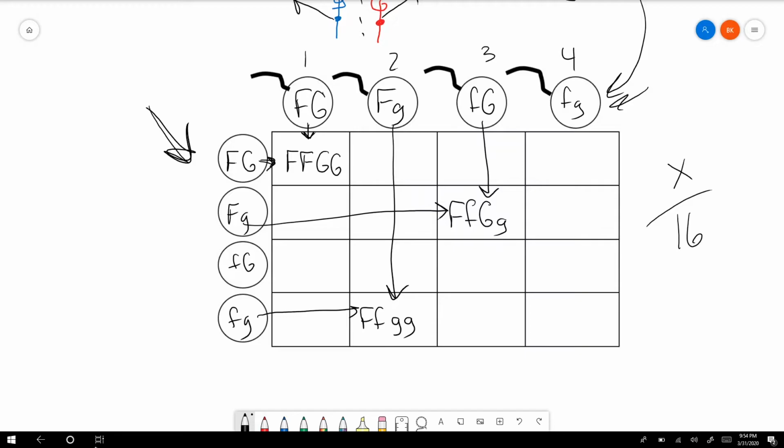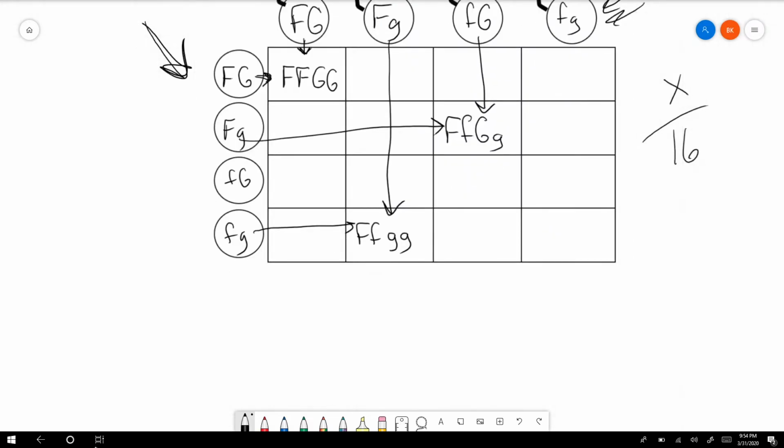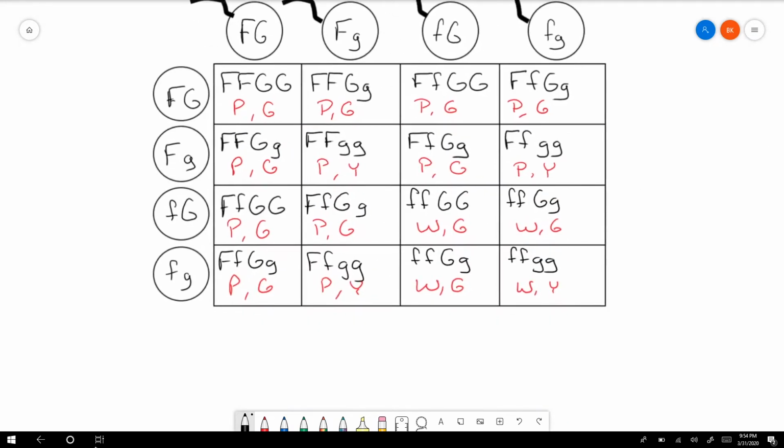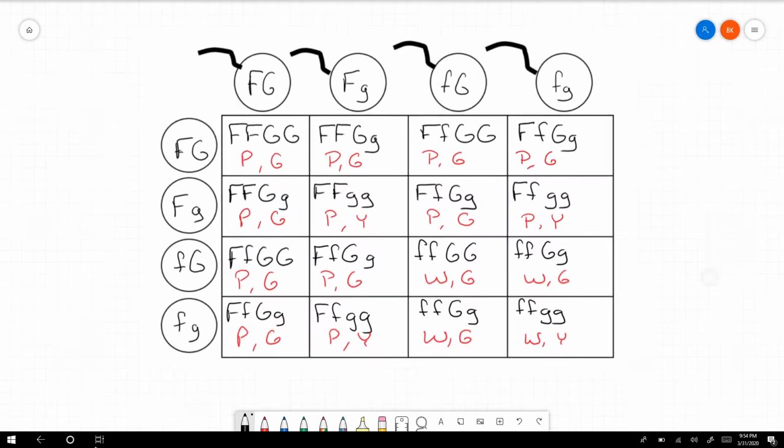How many will be white flowers and green pods? How many will be heterozygous for both traits, big F, little f, big G, little g? You need to count up how many of the 16 boxes meet whatever requirement. I did fill one out earlier, completely, so you can see that. This is the filled out Punnett square.